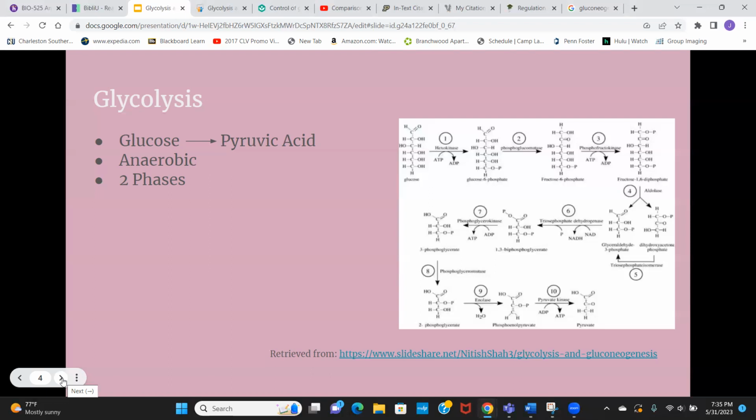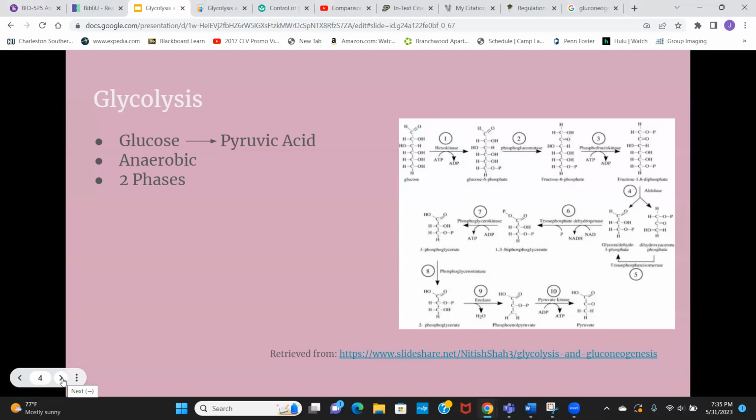Glycolysis is an anaerobic process. That means it does not require oxygen. You think about what you know about the anaerobic processes already that occur. Whenever oxygen is not involved in a process, we usually end up with a high energy product, right? And so by glycolysis not using oxygen, but we're breaking down this glucose, we're getting a lot of energy that's going to be produced by the end.